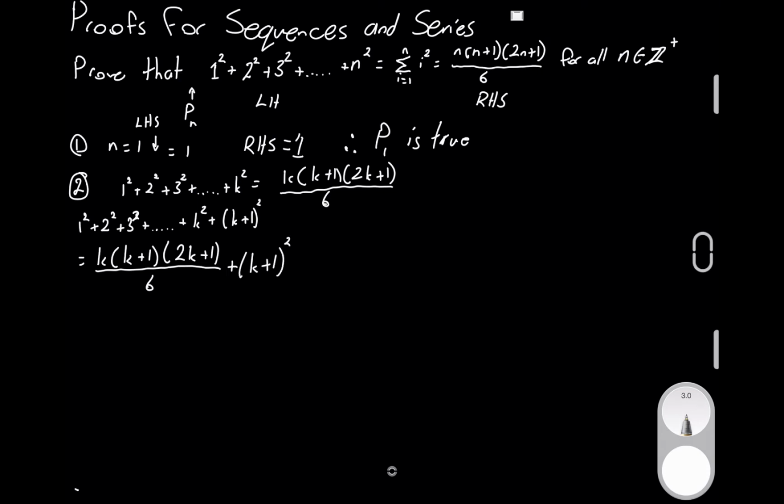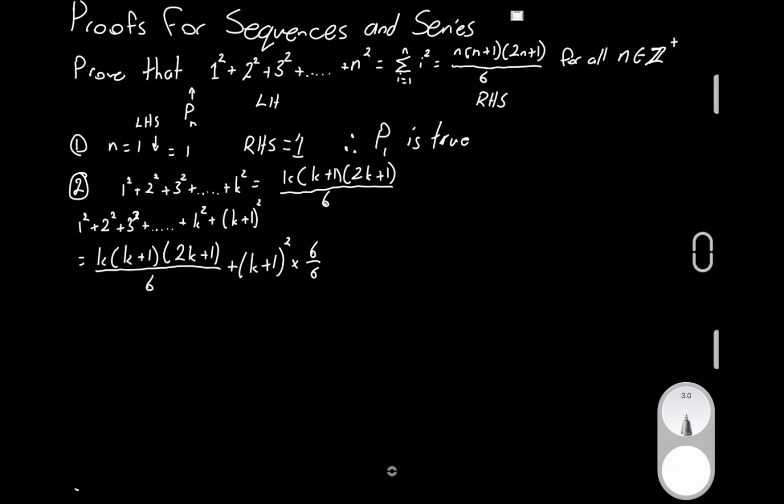And what we can do with this is multiply this by 6 over 6, which essentially we know is just 1, and that will give us the k plus 1 squared over 6, which will make it easier to add onto the rest of it.